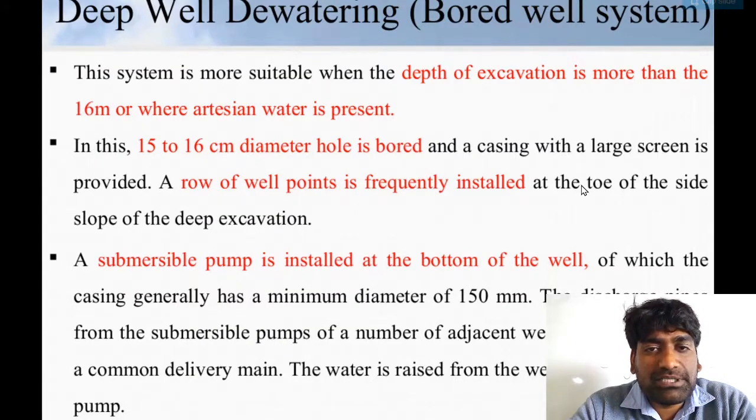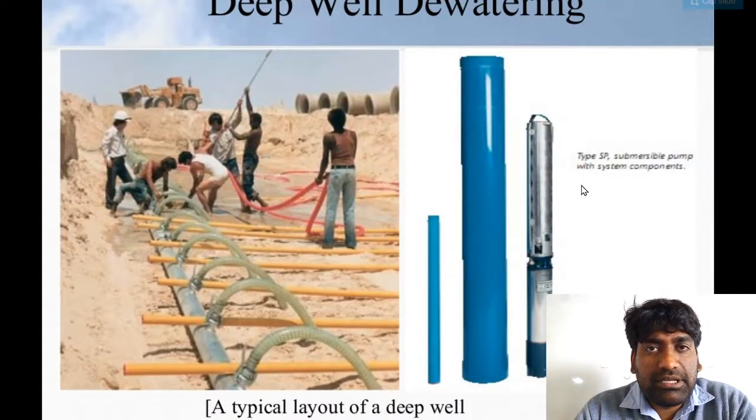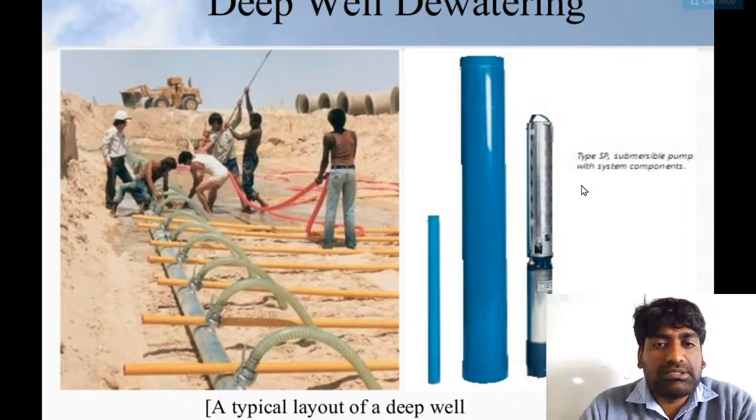A submersible pump is installed at the bottom of the well, of which the casing generally has a minimum diameter of 150 mm. The discharge pipes from the submersible pumps of a number of adjacent wells are connected to a common delivery main. The water is raised from the well by a multi-staged pump. This is the deep well dewatering system, a typical layout.